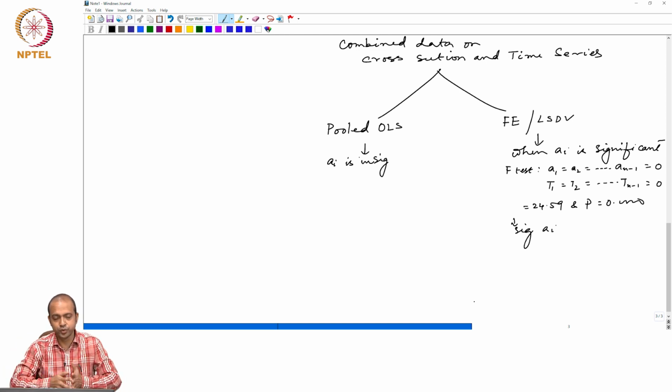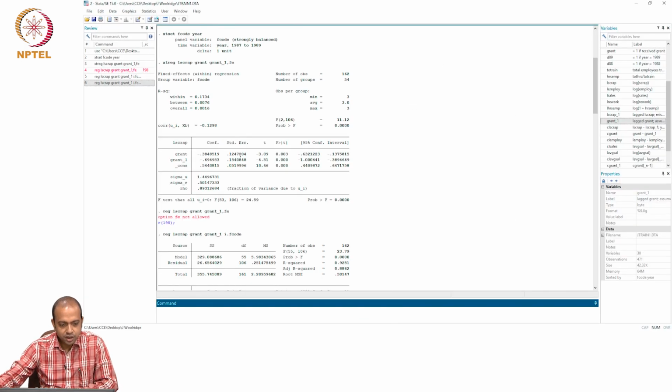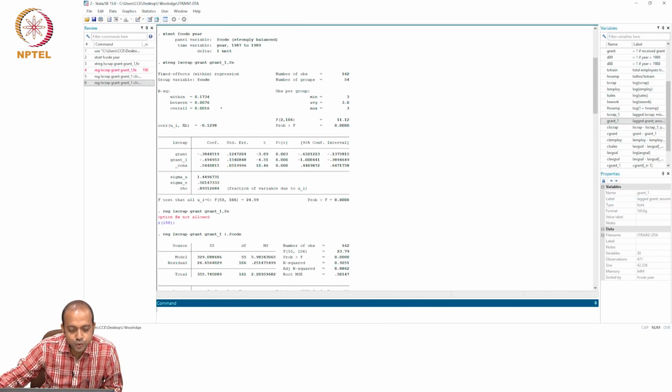So, Stata is showing that also using your data. From the output we have now learned many things. We have learned within, between, overall R square, we have learned how to estimate this model, we have learned the interpretation of this constant term, which is basically the average heterogeneity in the sample.